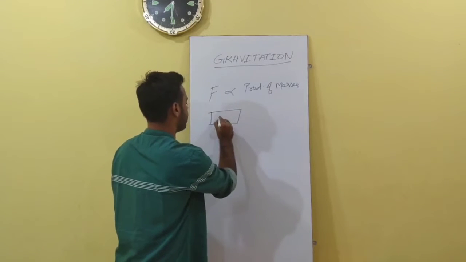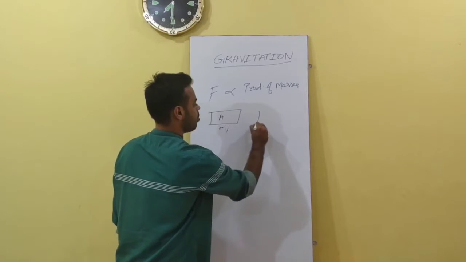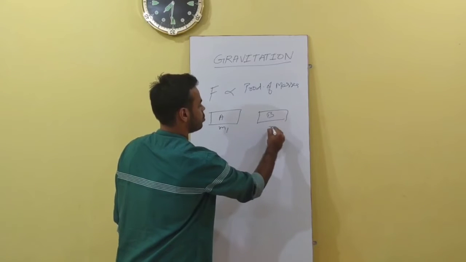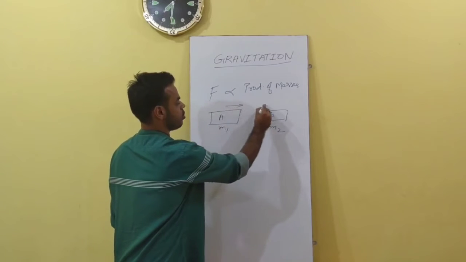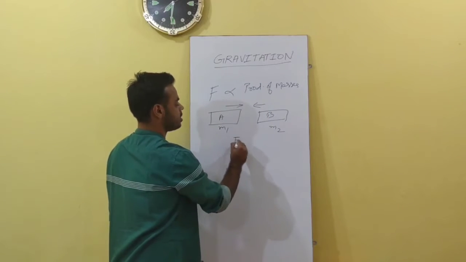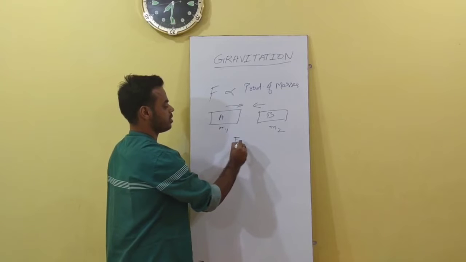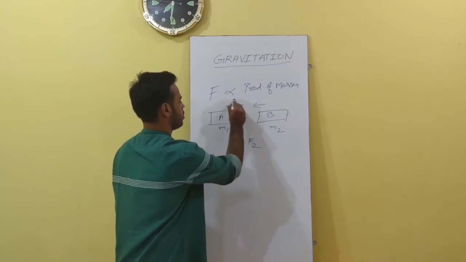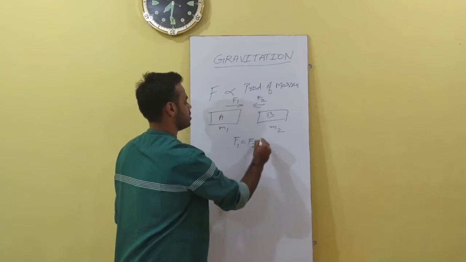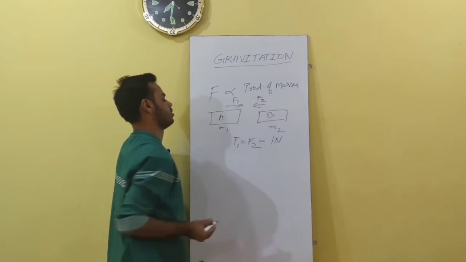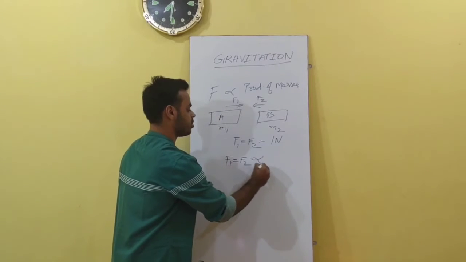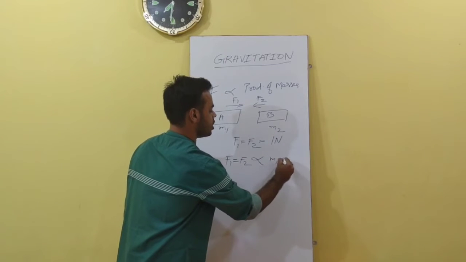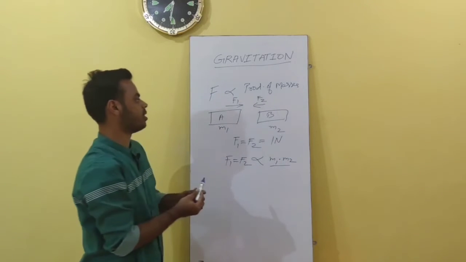Let us say block A has mass m1 and block B has mass m2. So force will be acting upon each of the boxes, and consider this force is equivalent, F1 is equal to F2, is equal to 1 Newton. Now F1 is equal to F2, which is directly proportional to the product of masses of the bodies. That is what we have learned earlier.